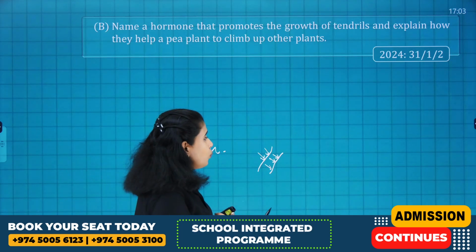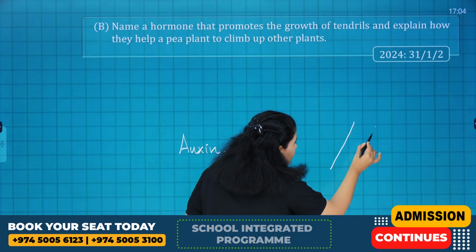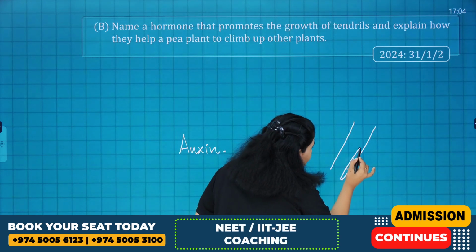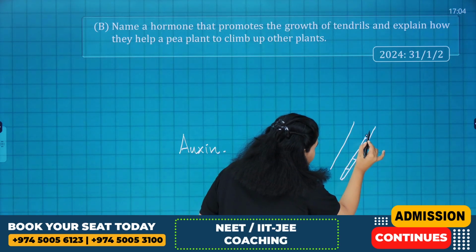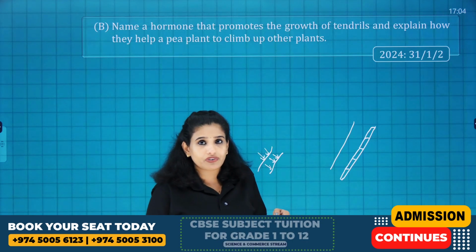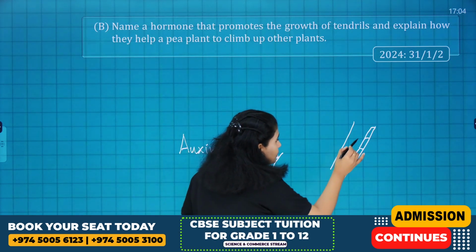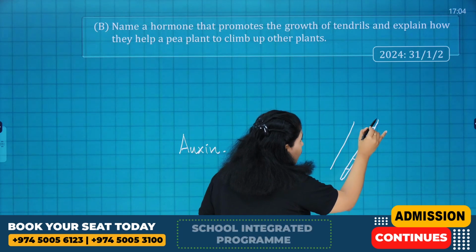We have learned that auxin helps in cell elongation. So in the opposite part, where there is no touch with the support, the cells will elongate.